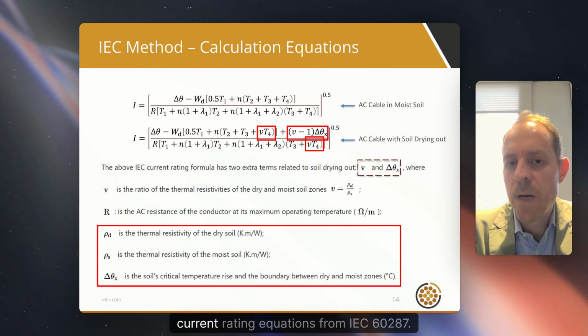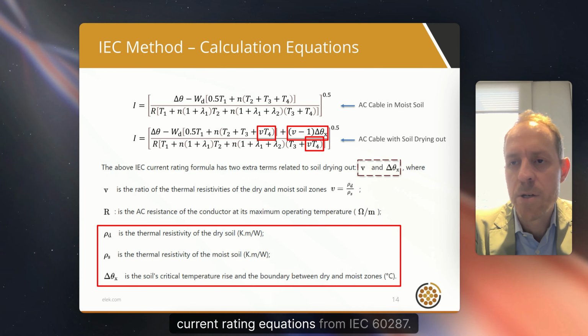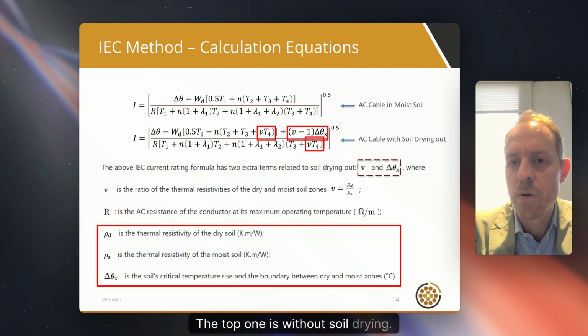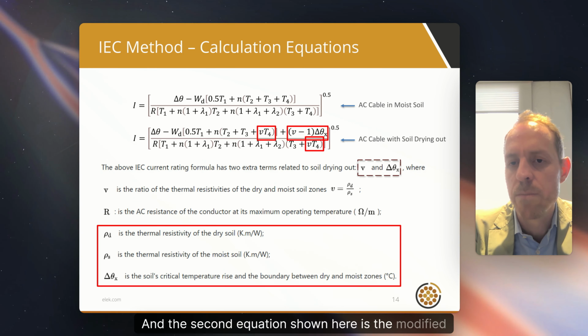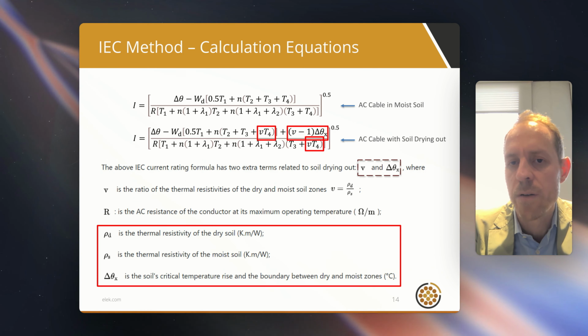These are the current rating equations from IEC 60287. The top one is without soil drying, and the second equation shown here is the modified first equation that allows you to consider or incorporate soil drying out.